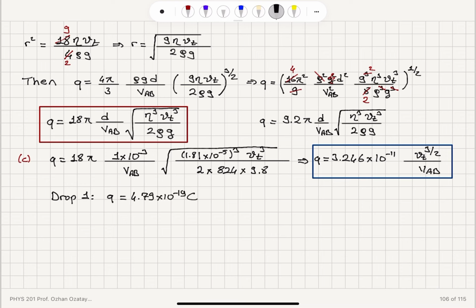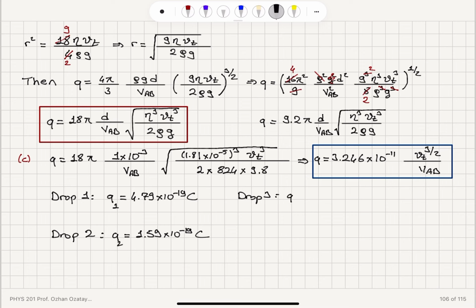For drop 2, we obtain a charge of 1.59 × 10^-19 coulombs. For drop 3, we obtain Q3 is equal to 8.09 × 10^-19 coulombs.